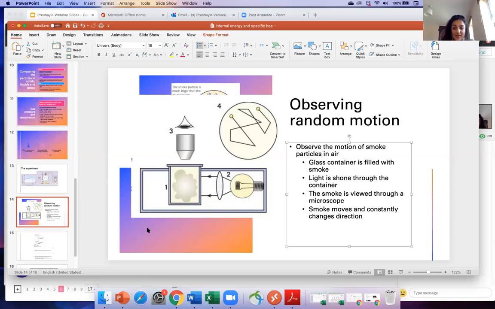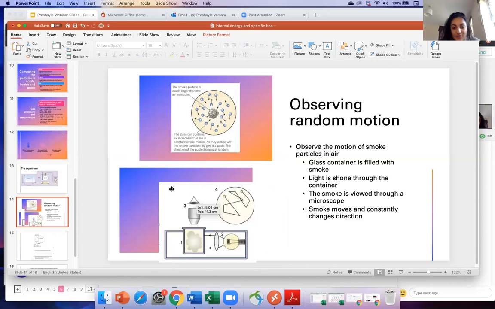What we'll see is that the smoke is moving and constantly changing direction really, really randomly. So this allows us to see the particles moving around in a random motion. So again, you just fill the container with smoke, shine a light through it, you view it through a microscope, and you will be able to see that the smoke moves and constantly changes direction.